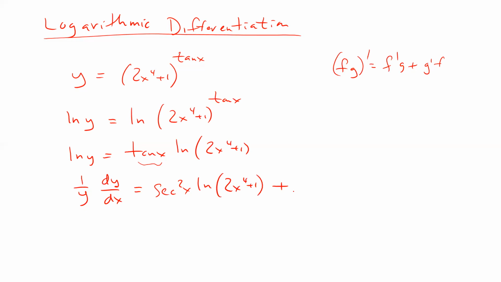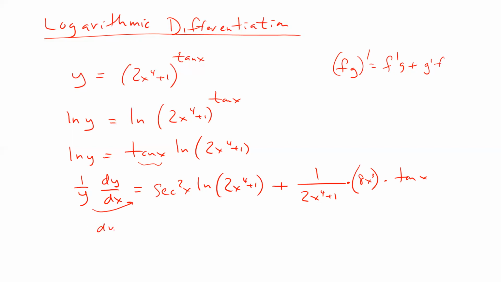Now it's going to be the derivative of ln, which is 1 over 2x to the 4th plus 1 times the derivative of that guy. How about to the 3rd? Perfect. Times the back number there. Almost done. We move that y over to the other side still.